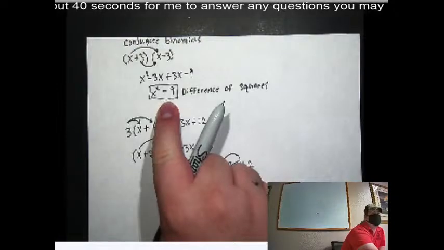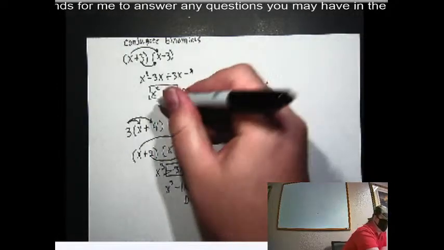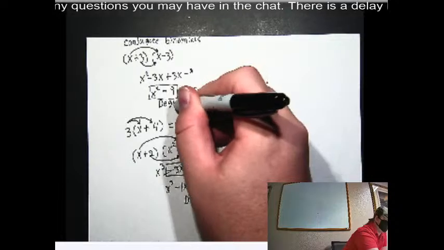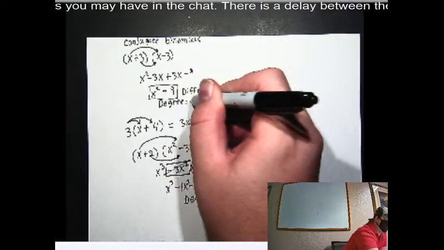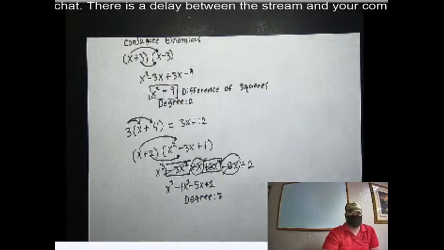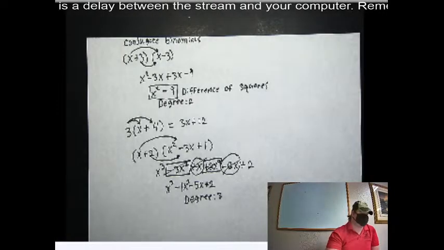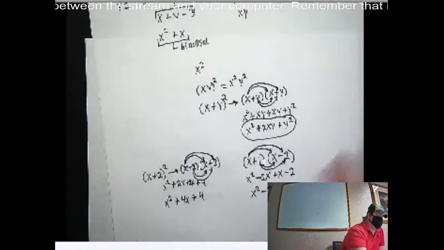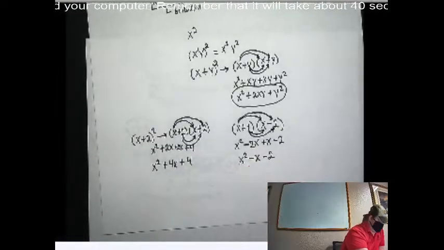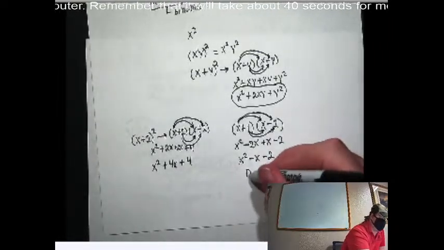What's the highest power in this one? Squared. So this one has a degree of 2. It's the highest one in this one. Squared. So again, a degree of 2.